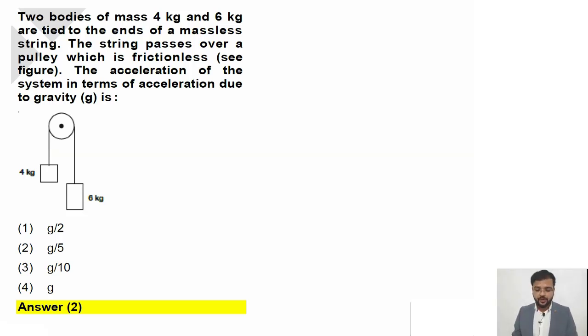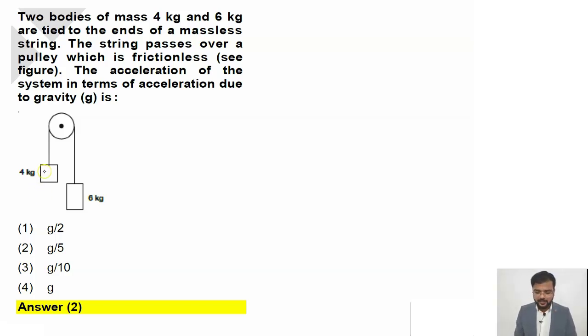The next question is from mechanics. Two bodies of mass 4 kg and 6 kg are tied to the ends of a massless string. The string passes over a pulley which is frictionless. See figure. The acceleration of the system in terms of acceleration due to gravity g is.